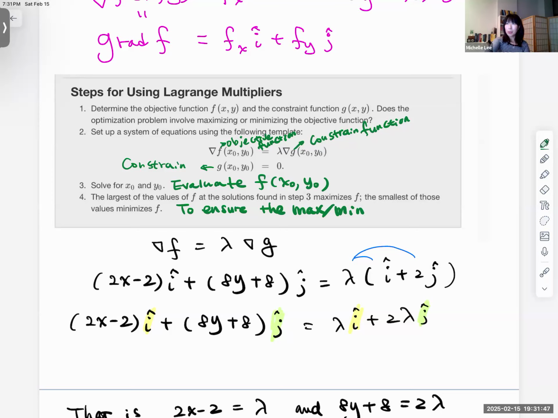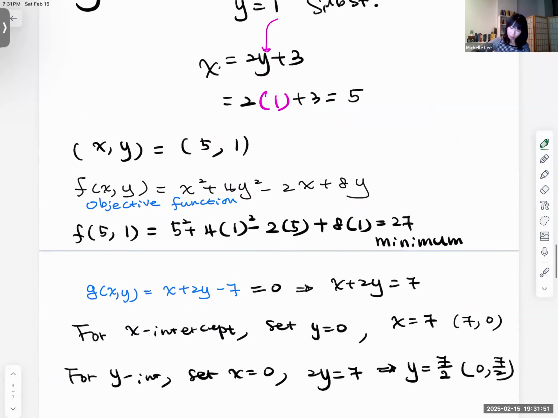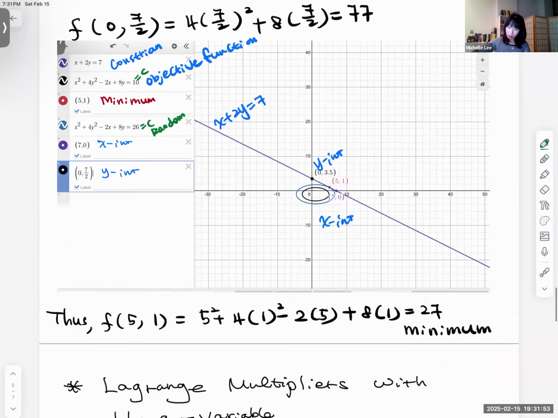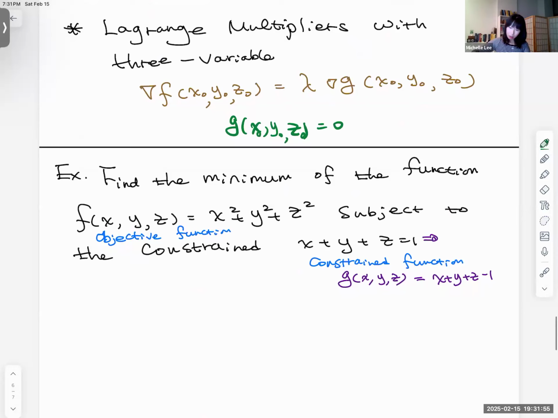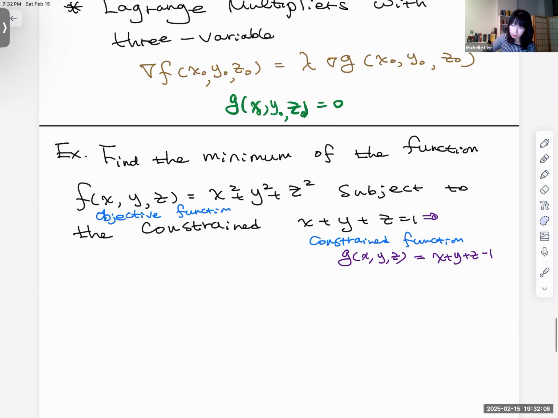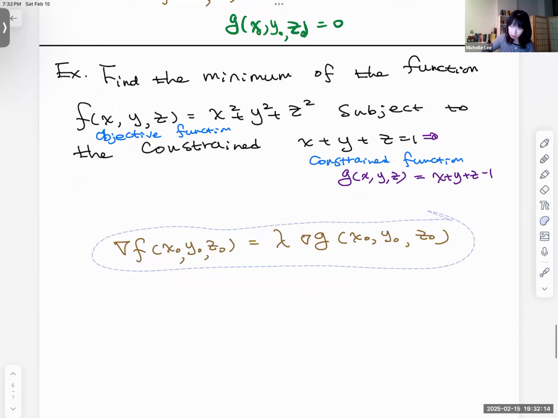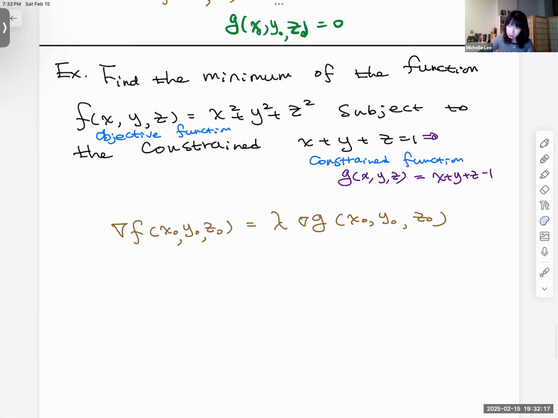Okay, let's do it. So we have the function. Let's find the gradient.